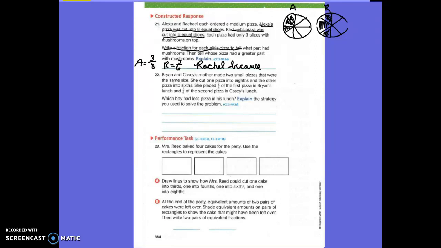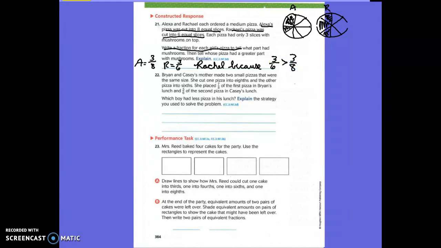Why would we say that she has more? We could just compare the fractions, right? Which fraction is greater? Which fraction would have more? 3/6. So you say 3/6 is greater than 3/8.